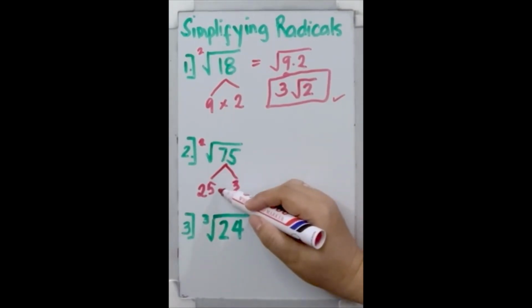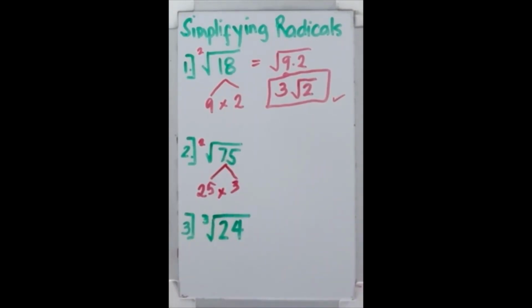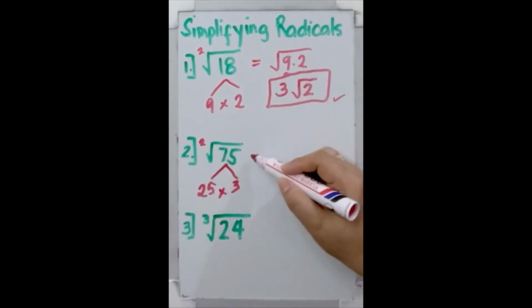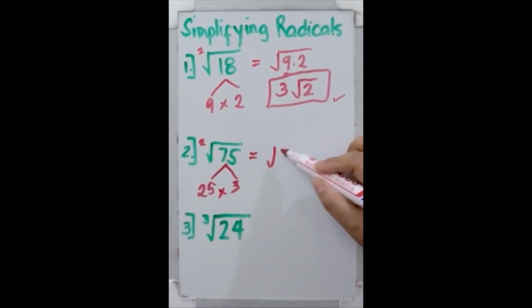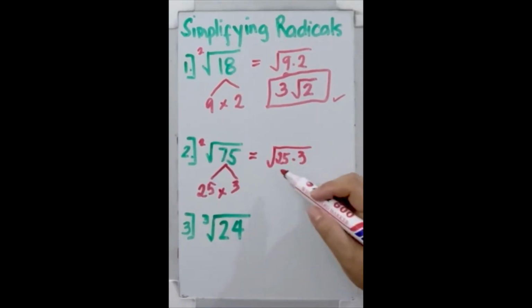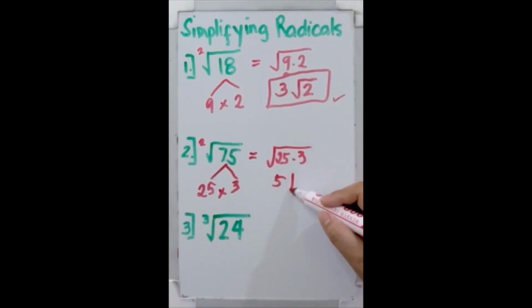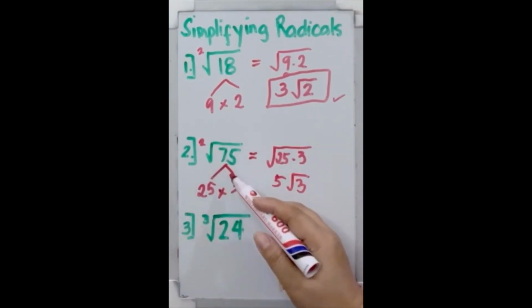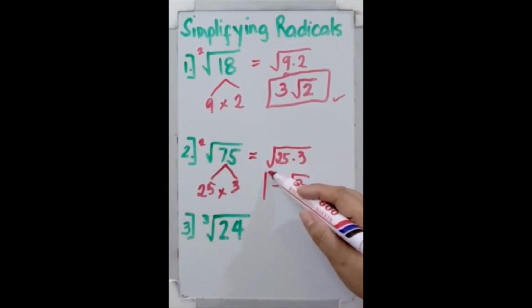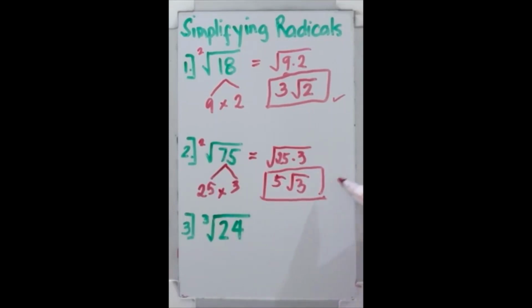If we multiply 25 times 3, this gives us 75. So we can rewrite this as the square root of 25 times 3. And getting the square root of 25, this gives us 5. Then we will just copy the square root of 3. So square root of 75 is just equal to 5 square root of 3.